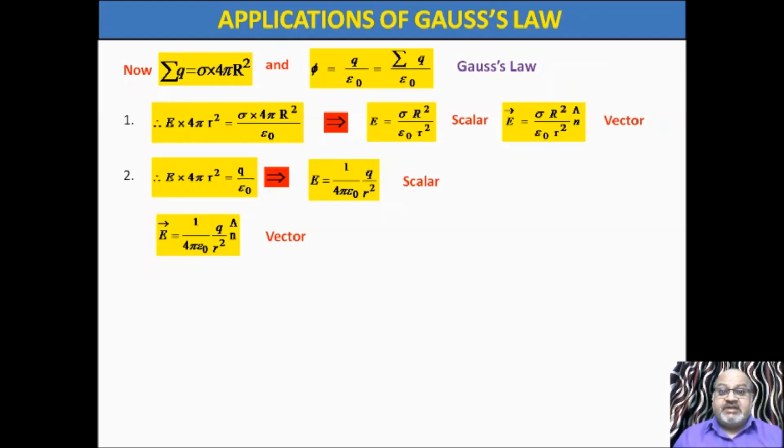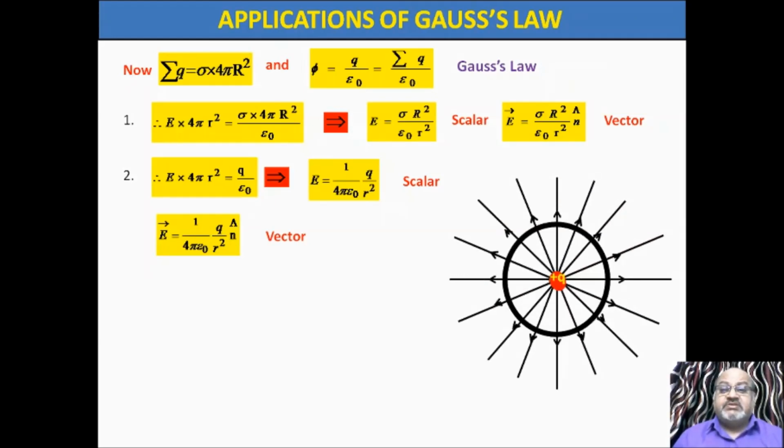And this proves that there is spherical symmetry. Although the charge is placed over the spherical shell of radius capital R, it appears that the charge is placed at the center.